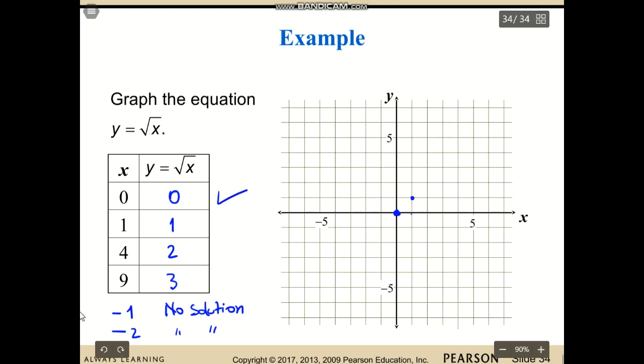Now 1 and 1. 4 and 2, I mean, let me fix this though. 1 and 1 here.